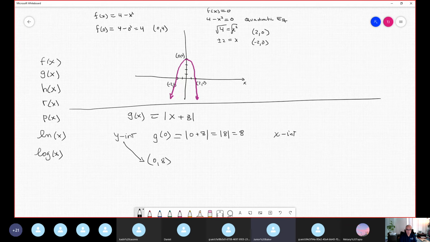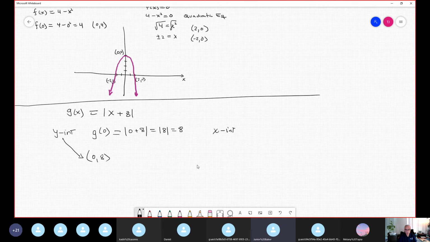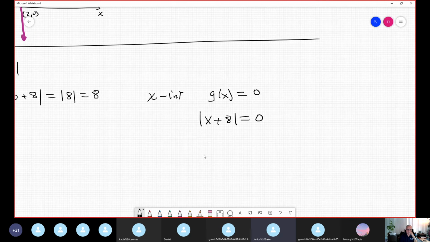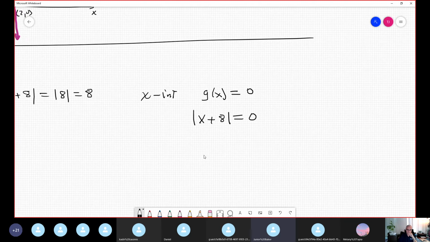The x-intercept is different. It is g of x equal to 0. Who is g of x? In our example it is the absolute value of x plus a equal to 0. You solve this equation, but I know very well the professor explained that when the right-hand side is 0, we have only one equation. You obtain the solution when you remove the bar, with only one possibility, not two: x plus a equal to 0, so the answer is negative a. The x-intercept is (-a, 0).